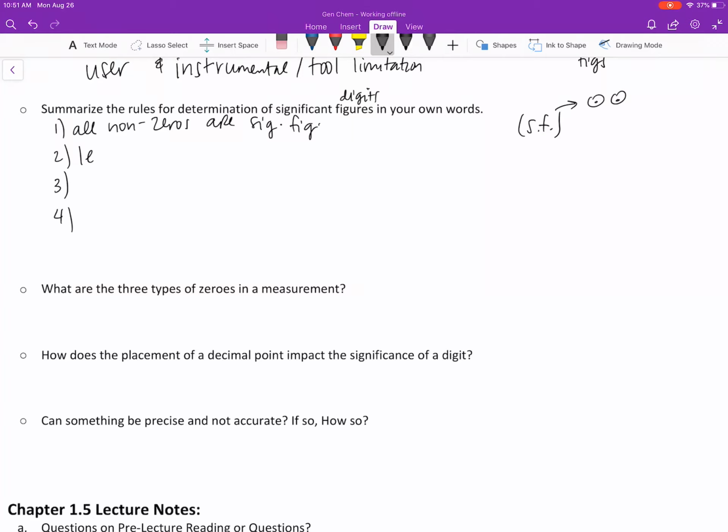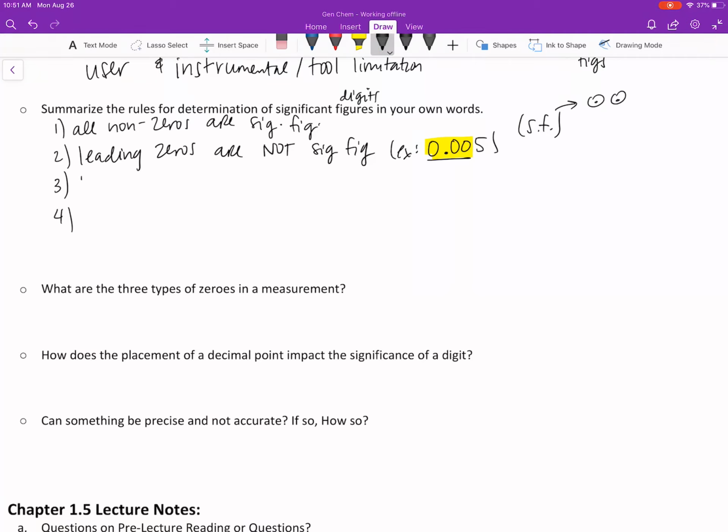Then we're going to address the zeros. So leading zeros are not significant, okay? And leading zeros are things like, okay, these are leading zeros, and they are not significant.